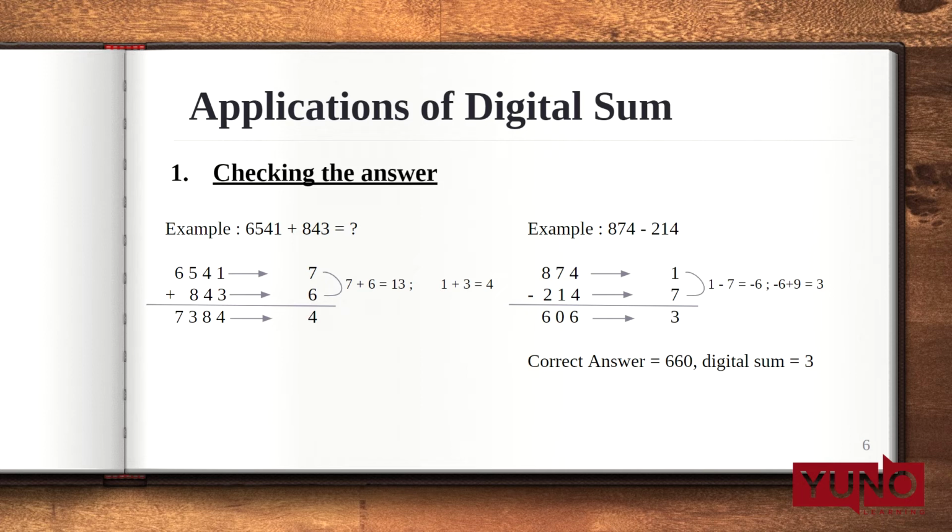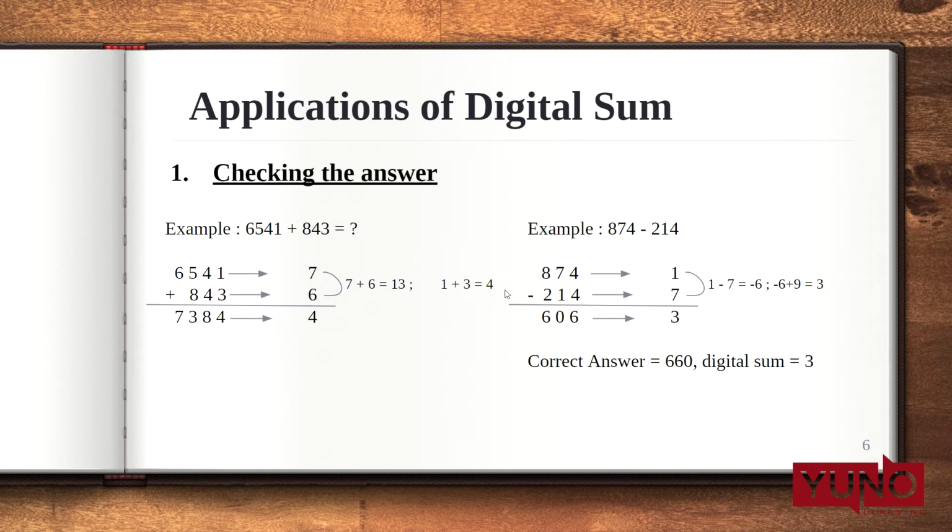Let's see an example. Here we have 6541 that we will be adding with 843. The digital sum of 6541 is 7 and the digital sum of 843 is 6. Now since we are adding these numbers, I am going to add their digital sums. 7 plus 6 equals 13, 1 plus 3 equals 4.